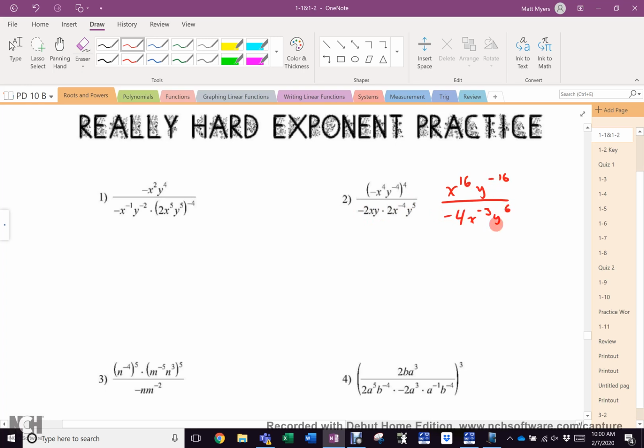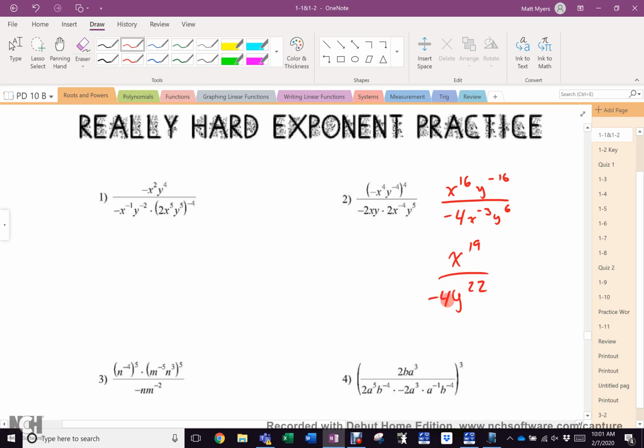What has to move? The x to the negative 3 has to move up to become x to the 19. The negative 16 has to move down to become y to the 22nd. And the negative 4 goes nowhere because it doesn't have a negative exponent.